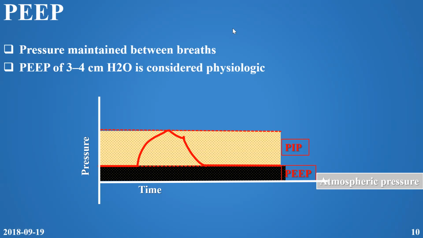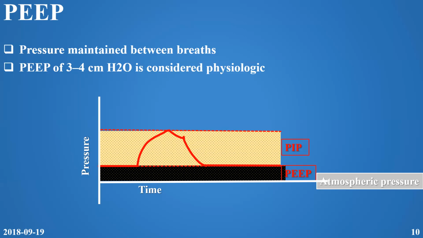So the ventilator considers the atmospheric pressure as 0. But in reality, the atmospheric pressure is 760 millimeters of mercury, or 1034 centimeters of water, or 101 kilopascals. It is all the same, but with different values. For the ventilator, this number, the atmospheric pressure at sea level, is 0.